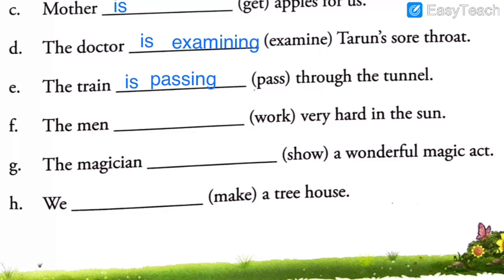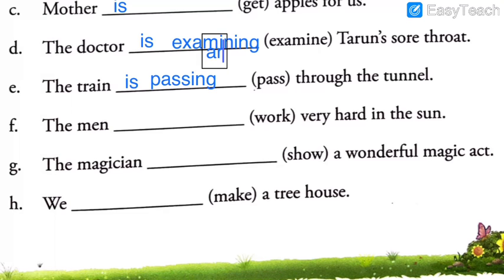Men means we are talking about many men, more than one. In short, men means plural form. So you cannot say the man is working. If it is man, then we can say is, but here it is men. So the men are working very hard in the sun.